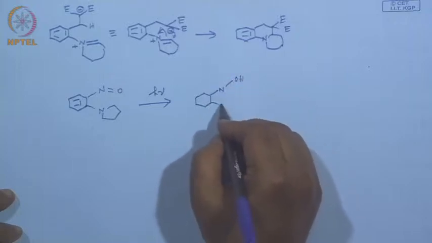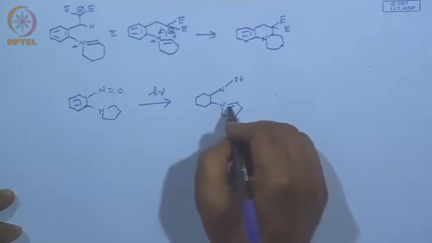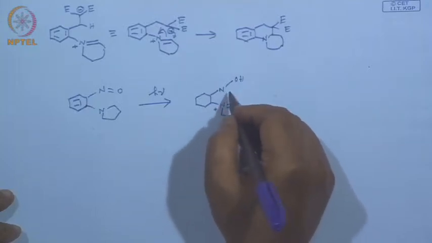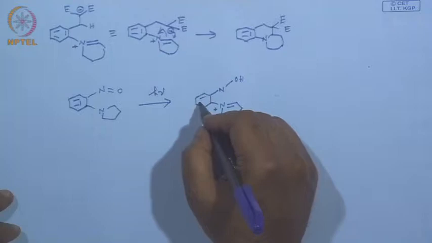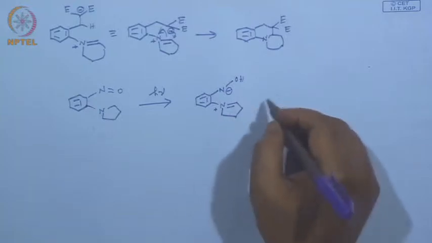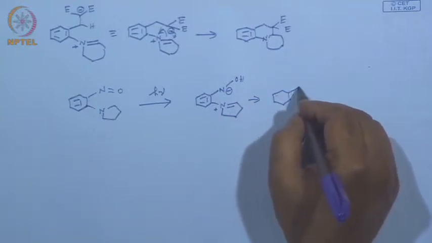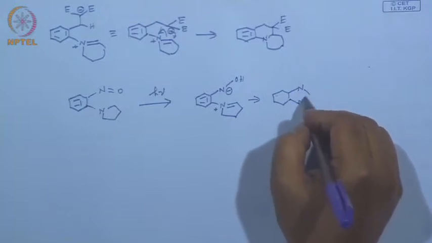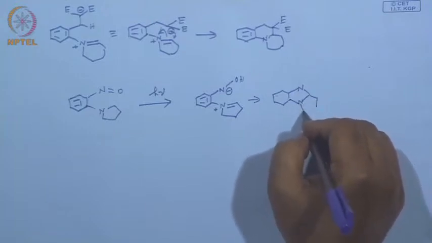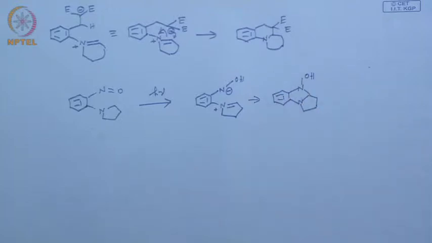Then the iminium ion is formed, and the nitrogen now carries a negative charge. So the result is somewhat different. Now, what is it? It is an N-hydroxy imidazole derivative.